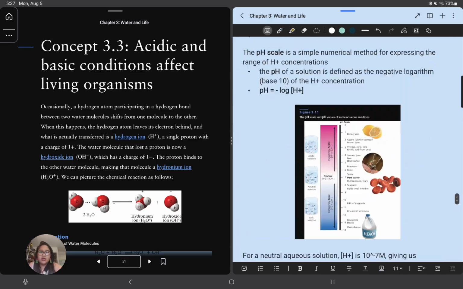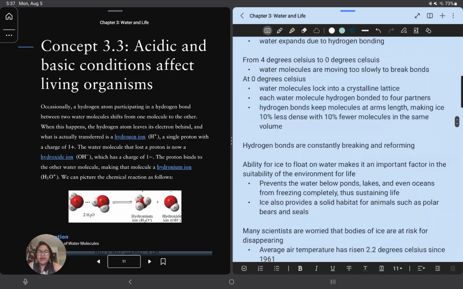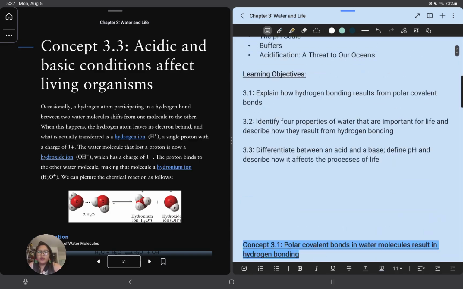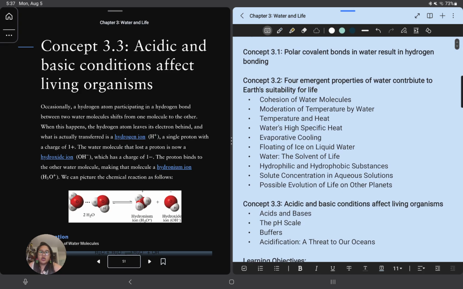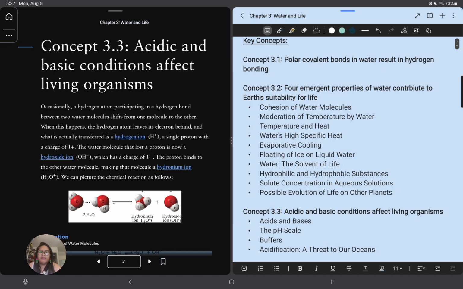Alright. So, you guys, we have finished Chapter 3, Water and Life. So, just to quickly go over everything that we've been through. We went through Concept 3.1, polar covalent bonds in water result in hydrogen bonding.